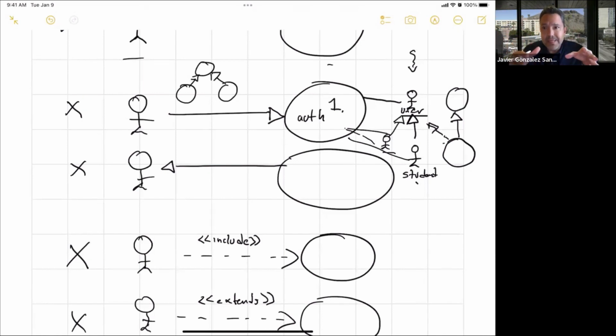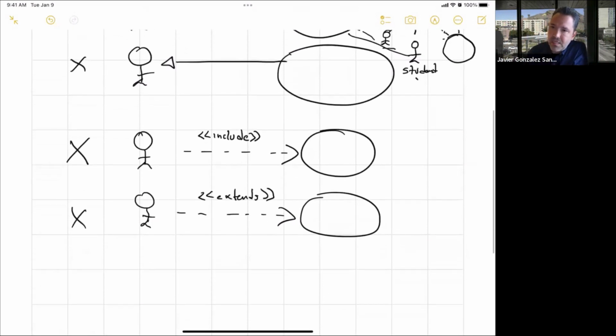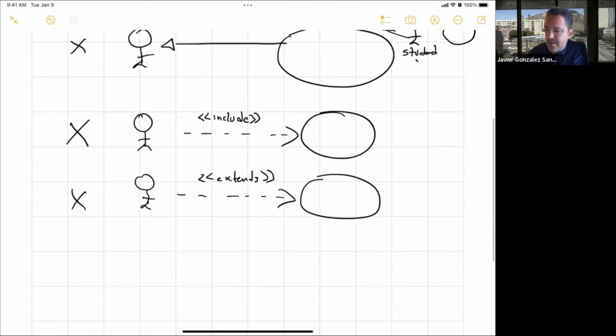Inheritance only between ovals or only between actors, but as we mentioned before, you cannot combine them. An actor cannot be the parent of an oval, and an oval cannot be the parent of an actor. That is the limitation. Include and extend, these two only between ovals. This is wrong. This is wrong.